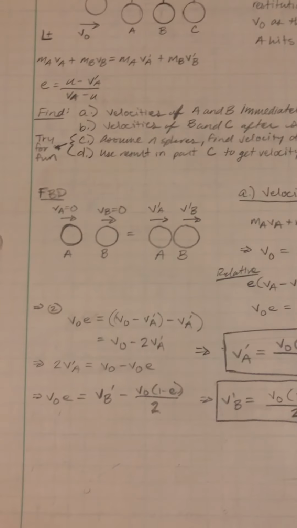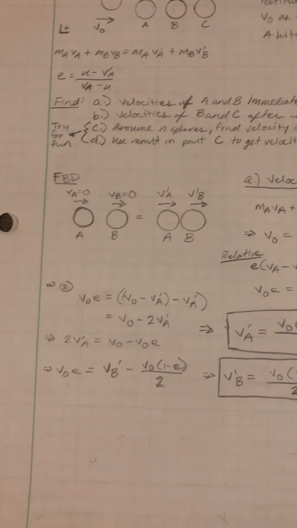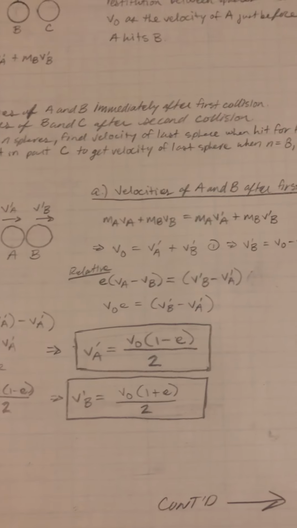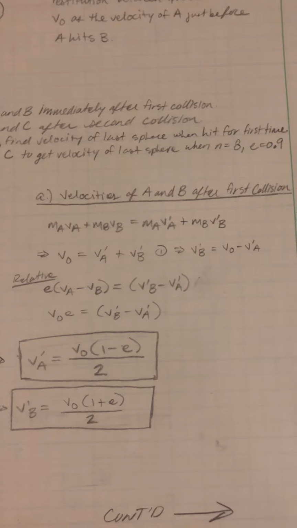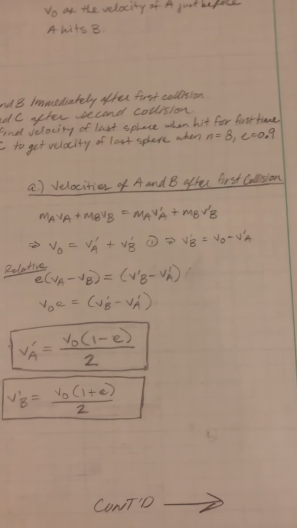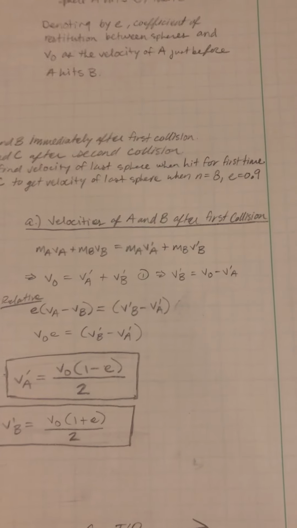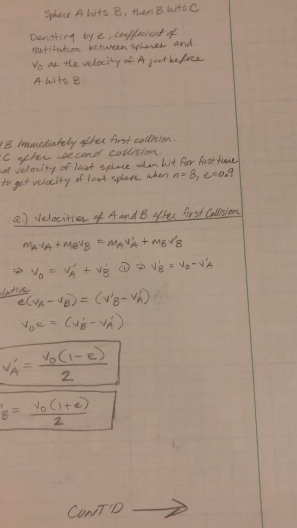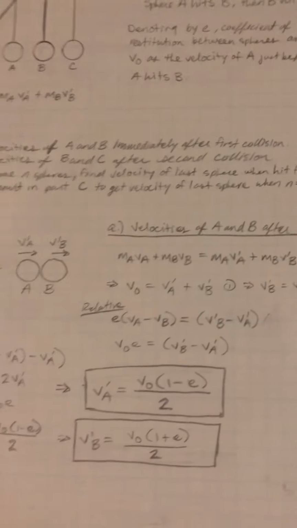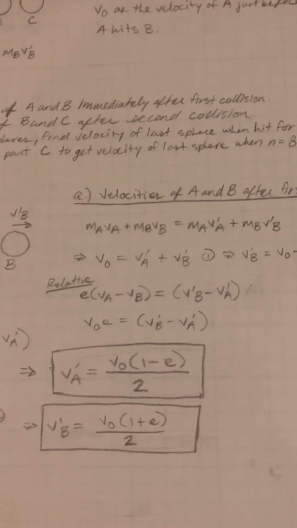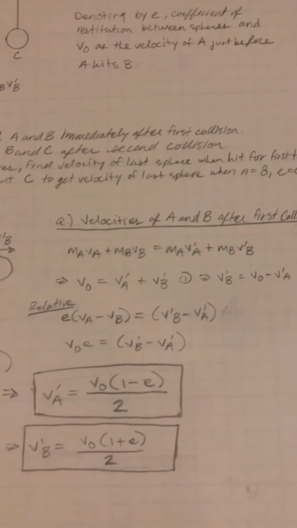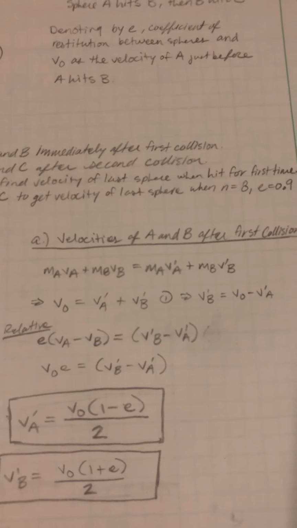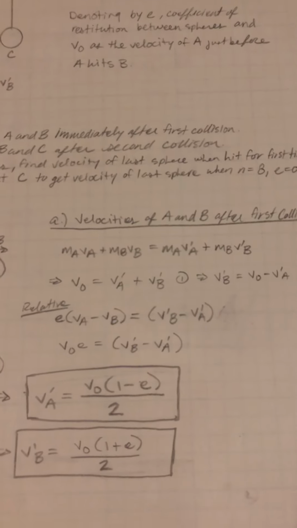So we have mass times velocity at A and mass times velocity at B equal to mass at A times V prime plus mass at B times V prime at B. These primes denote the velocities of A and B immediately after the collision.